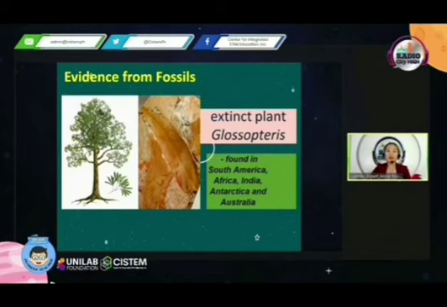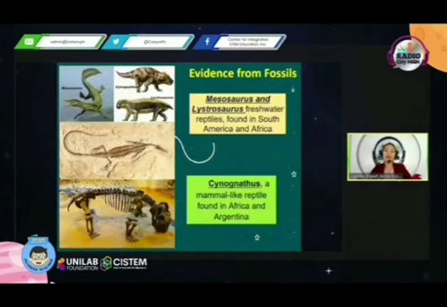Right? So let's proceed. Another evidence from the fossils of freshwater reptiles, which are found in South America and Africa. So the fossils that were found were Mesosaurus, Lystrosaurus, and Cynognathus. Okay, so Mesosaurus and Lystrosaurus are freshwater reptiles found in South America and Africa. You also have there Cynognathus, a mammal-like reptile found in Africa and Argentina.